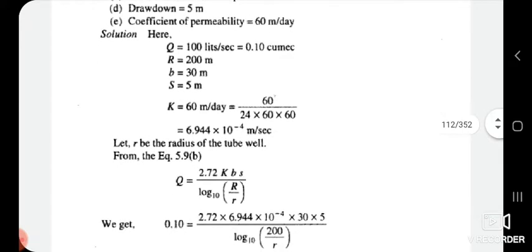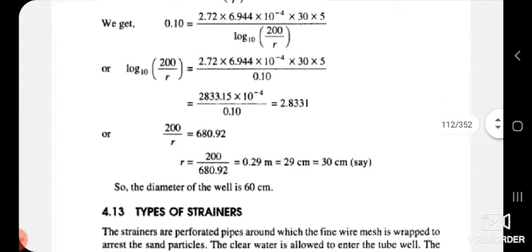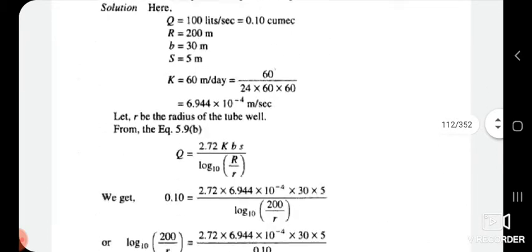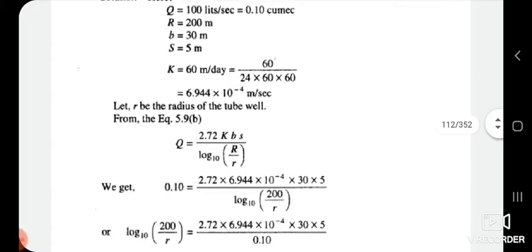And you know the formula, and you can substitute it as such and get the value, and it's a direct substitution. Okay, so here the important thing is converting meter per day into meter per second. So you know 60 is one that divided by 24 into 60 into 60, so per day into minutes and seconds. Okay, I hope that you remember all these things, right? So you can get it as meter per second.